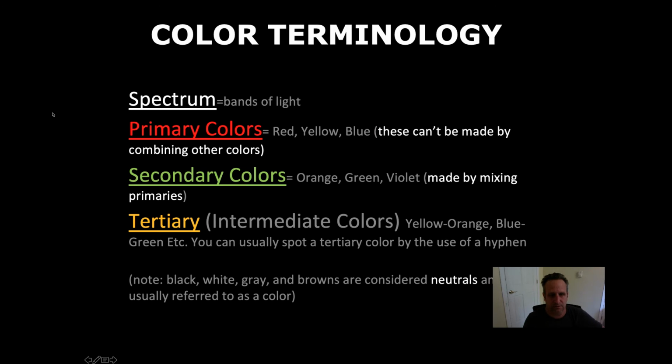Color terminology, we'll talk a bit about that. Spectrum is just like the bands of light as we see in science. Light is made up of the colors of the rainbow, and as they are absorbed into an object, the ones that bounce off mix together and create the color of the object.